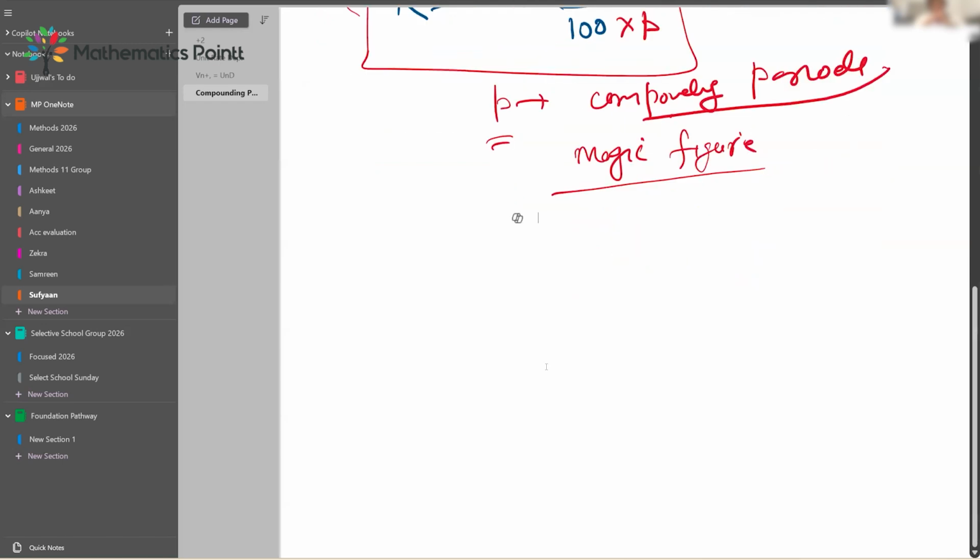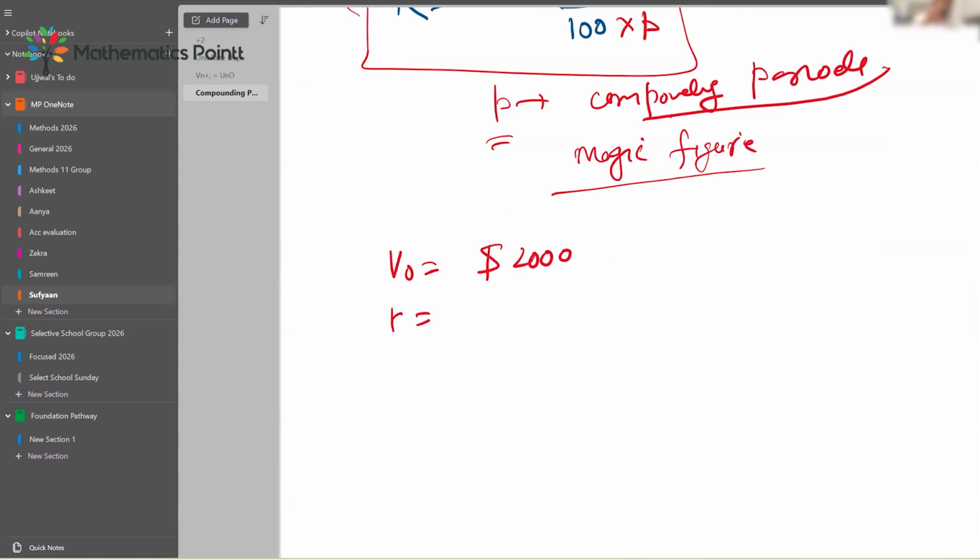Now, let us take an example. Let us say you go to a bank with $2,000 for a compound interest investment. The bank is going to pay you an interest rate R of, for the sake of simplicity, 12% per annum.